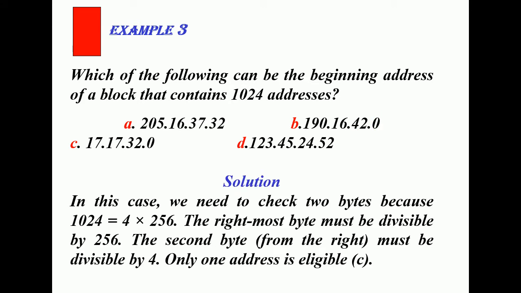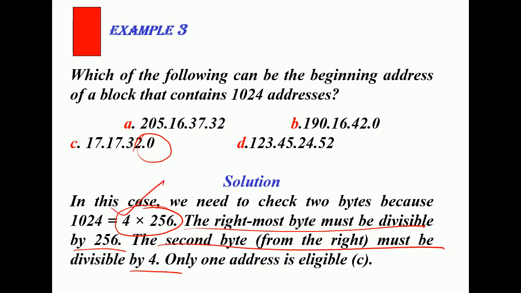So you can see the calculation. 1024 is a combination of 4 into 256, right? So the rightmost byte must be divisible by 256, meaning it should be 0, and the second byte must be divisible by 4. So only C is fulfilling these two conditions. This one is not, because 42 is not divisible by 4.